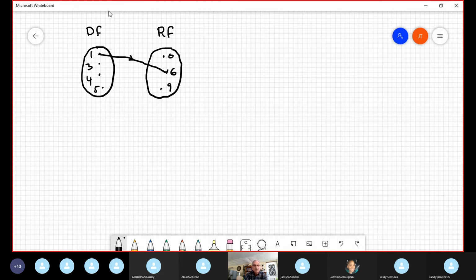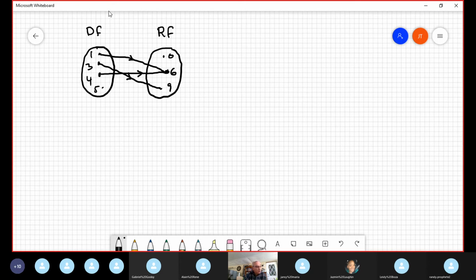This line contains an arrow because it's one direction, domain to range. 3 with 9. 4 with 6 is possible. Remember that many to 1 is possible.